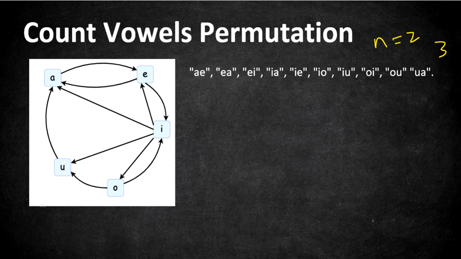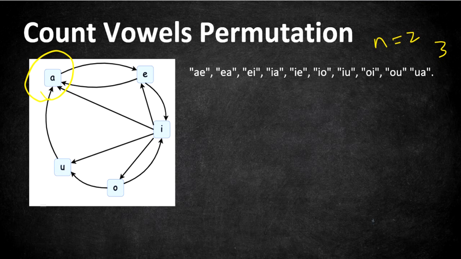Out of this set of strings, we are going to form the strings that end with A first. Starting with A, we are going to go from length 2 to 3. What could be the possible strings that can be followed by A?